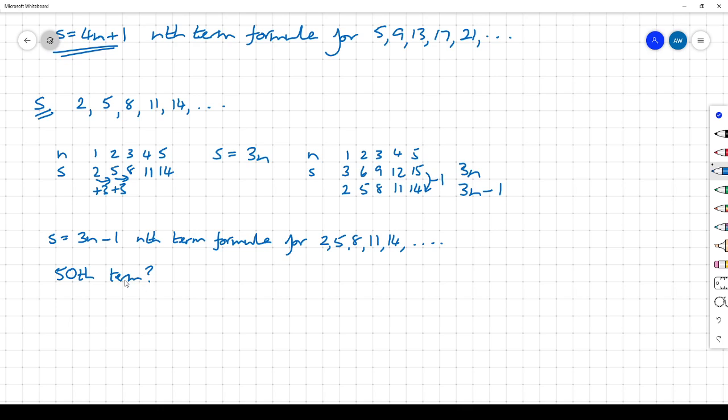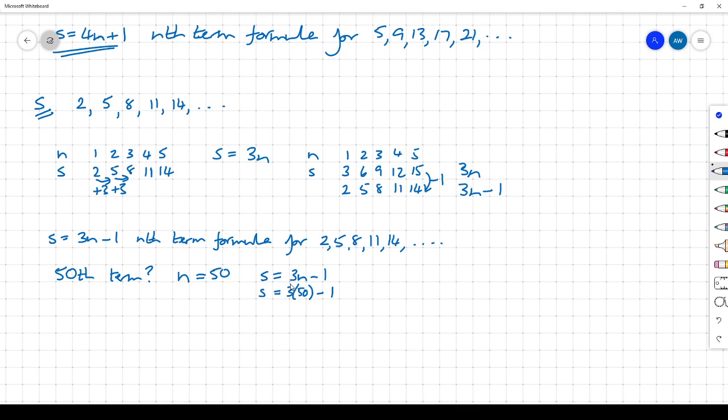Well, 50th is a position number, so n equals 50. We take our formula, s equals 3n minus 1, and instead of n we put 50 if we want the 50th term.